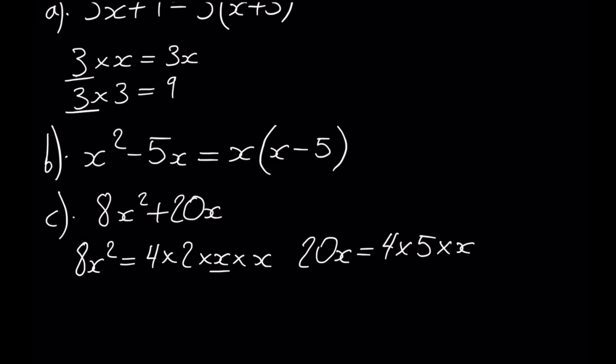So we can see here that we've got two common factors in both 8x squared and 20x, which are 4 and x. And as a result, we can factor out both 4 and x, and the result is 4x times 2x plus 5.